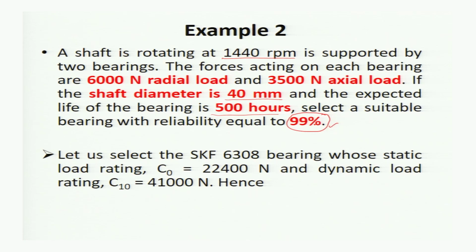So, for that case what we will do is, again we will select a trial bearing based on the bore of the shaft or the bore of the bearing. So, bore is 40 mm. Corresponding to 40 mm, we have selected 6308 bearing whose static load rating C0 is this one and the dynamic load rating is this one.